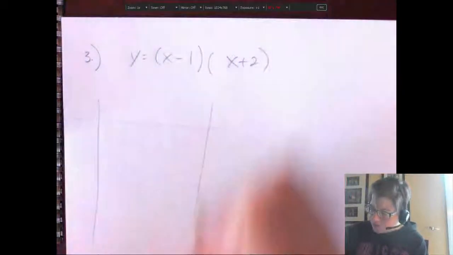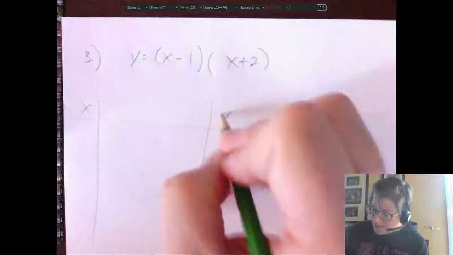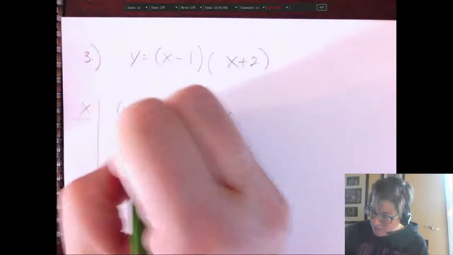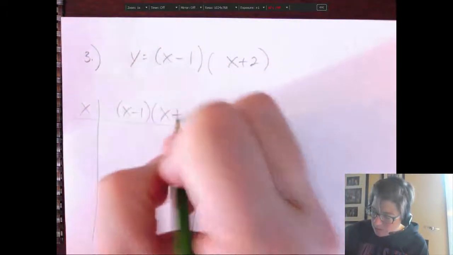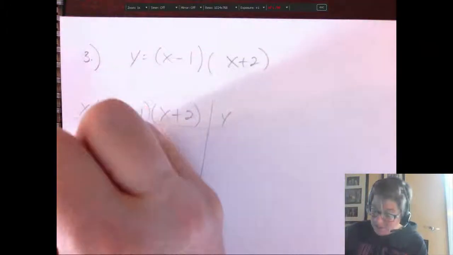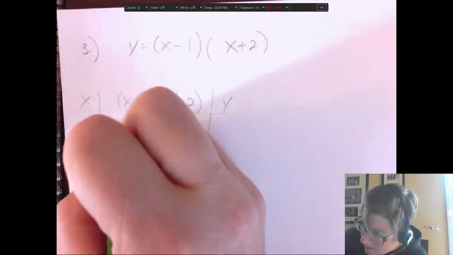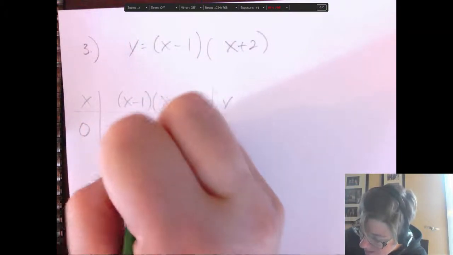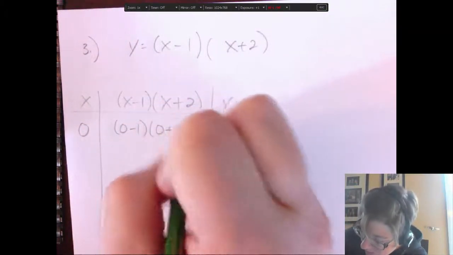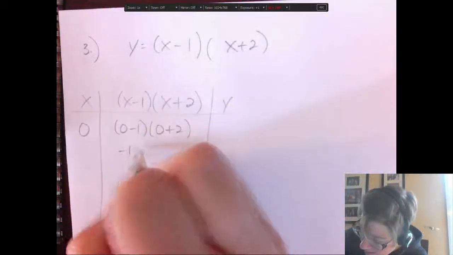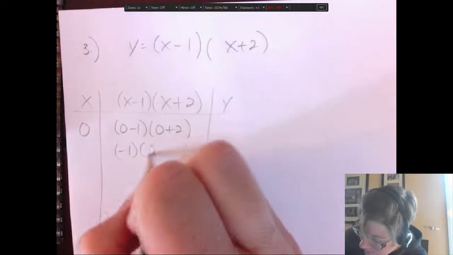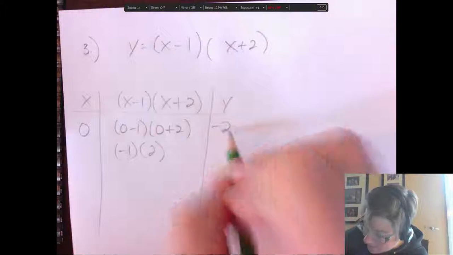So I always do a T chart, x, y, and then my formula is (x minus 1)(x plus 2). Let's put in something like 0, because that's always a pretty number. So we'd put in the 0 in both places: 0 minus 1, 0 plus 2. 0 minus 1 is -1, 0 plus 2 is 2, so 2 times -1 is -2.